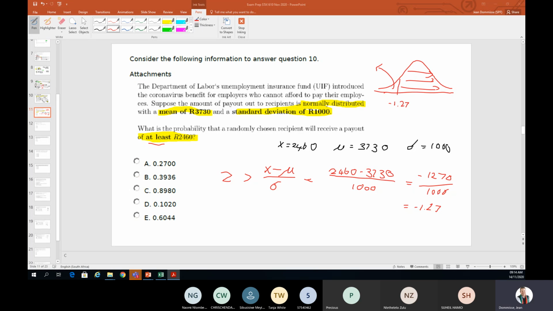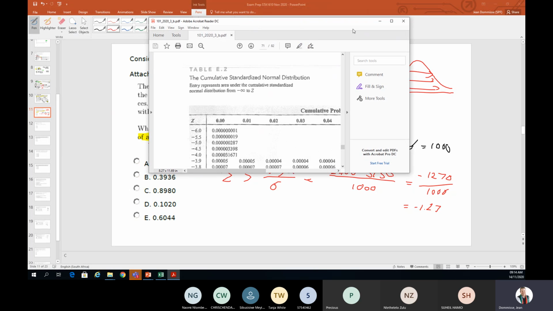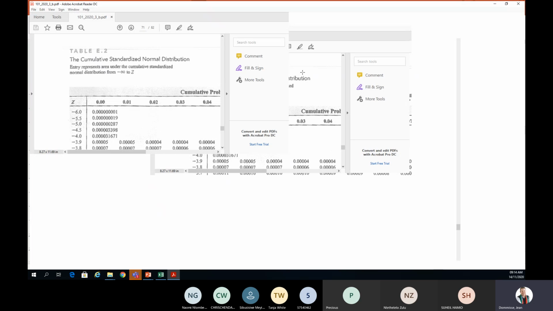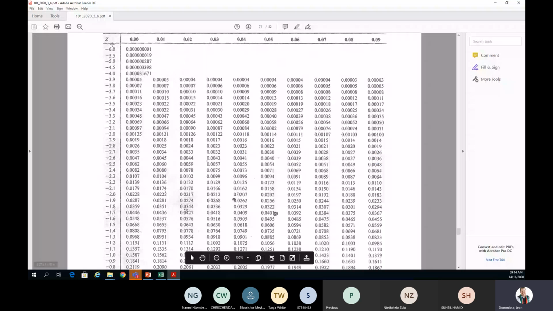Going down to 1.2 across to 0.7, it's 0.1020.